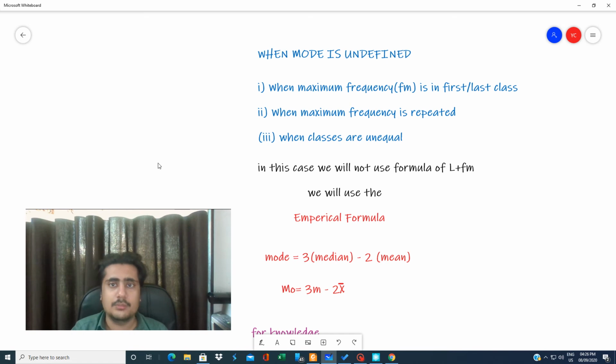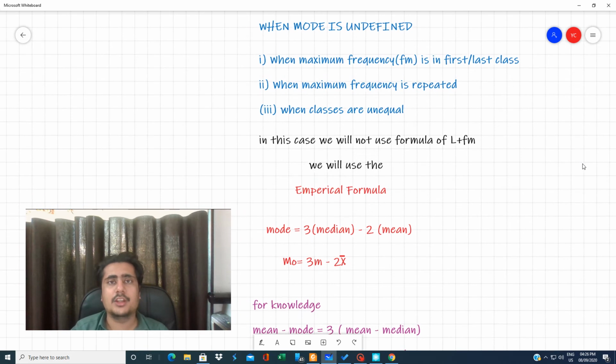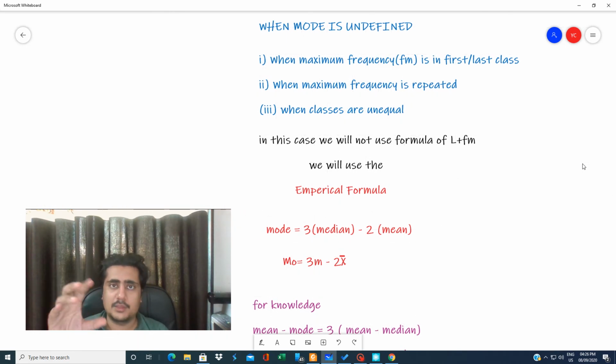You have to come to this empirical formula, because mode is undefined there. Also when maximum frequency is repeated, if there are two FM, then how can you solve with that FM formula? Obviously, you cannot solve. You have to come to this empirical formula.